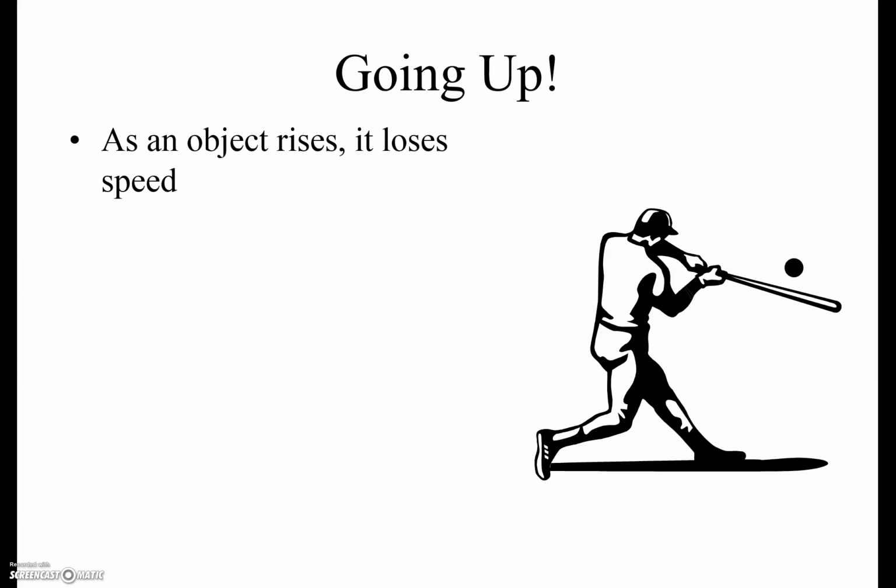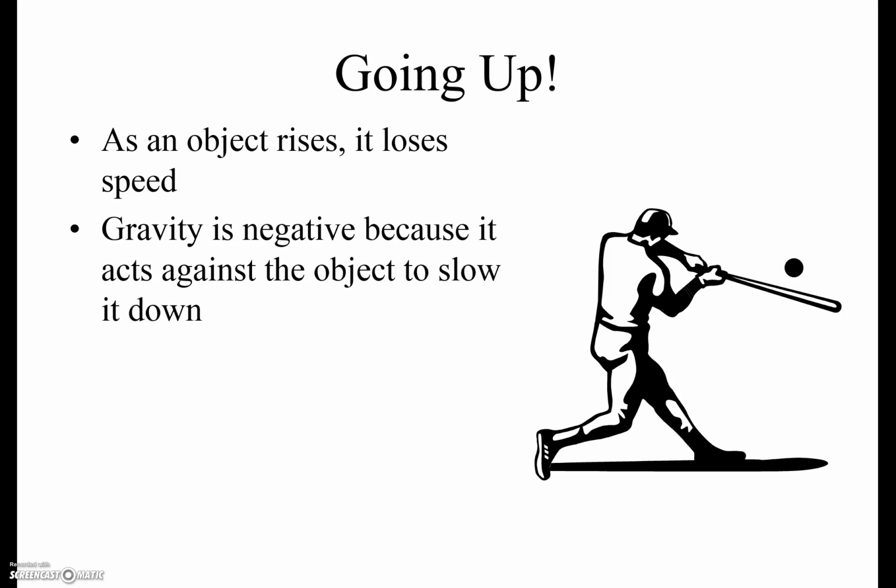So going up, as an object rises, it loses speed. Gravity is negative because it acts against the object to slow it down. At the apex, the speed of that object will equal 0.